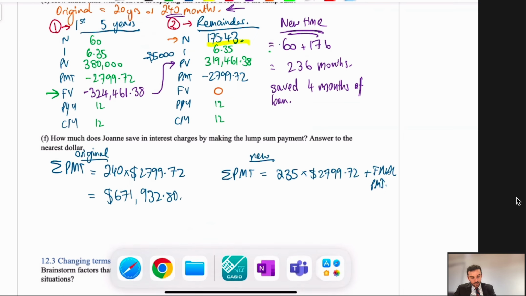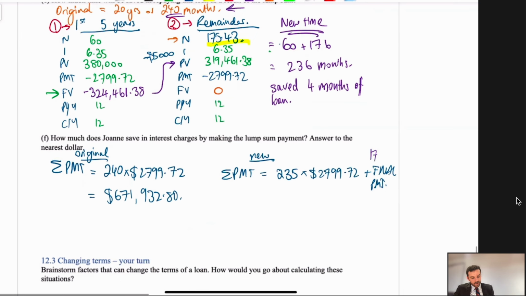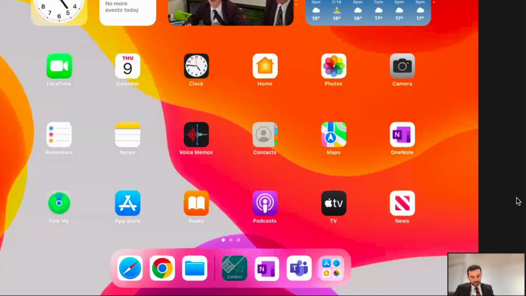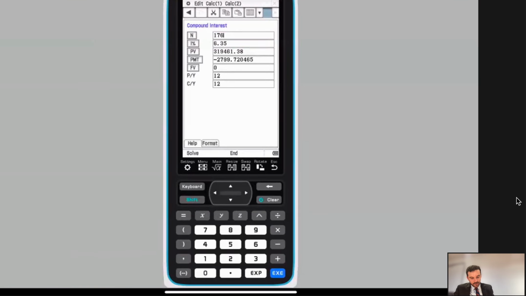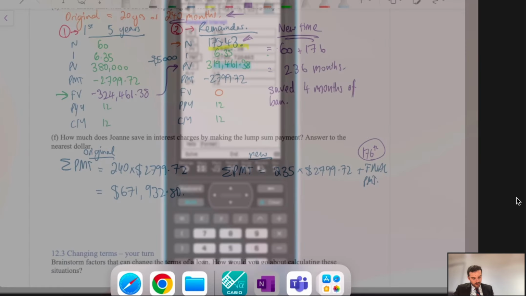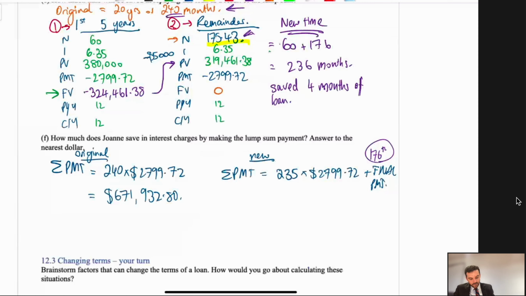So remember this final payment here, it's going to be the 176th value here, right? So we just go up one there. So let's go to our finance app, go 176, press FV. We've overpaid by 1606.05. Okay, so let's work out that final payment. 2799.72 minus that 1606.05.